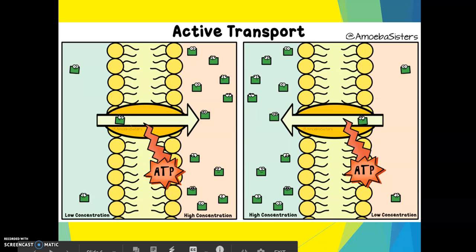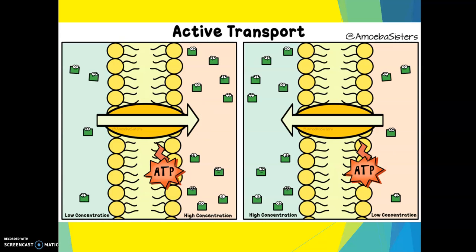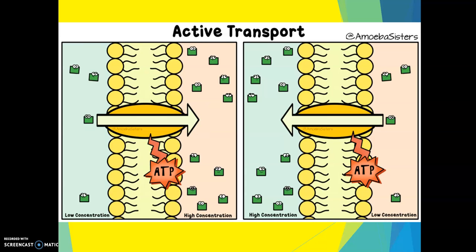Now for active transport, it's just the opposite. With these little purple squares here, they're moving from a lower concentration into an area of higher concentration, and they may also require the aid of a protein or a protein channel.